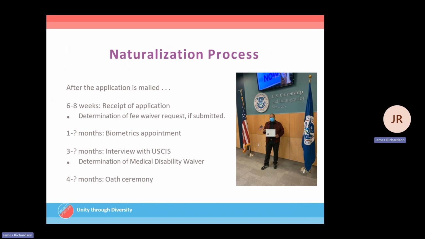At the 3 month plus mark, we're looking at potentially an interview with the USCIS officer. They'll determine eligibility and whether they qualify, but also things like the medical waiver. And then after that would be the oath ceremony. So that's where the applicant would be sworn in. You can see a picture of this person here, right? They're given their certificate, and it's really a beautiful moment for them.